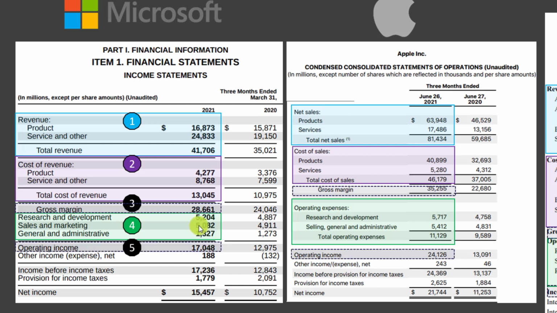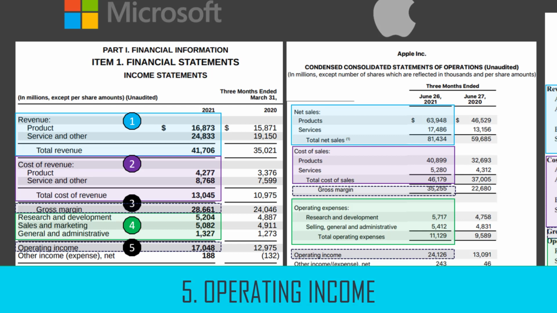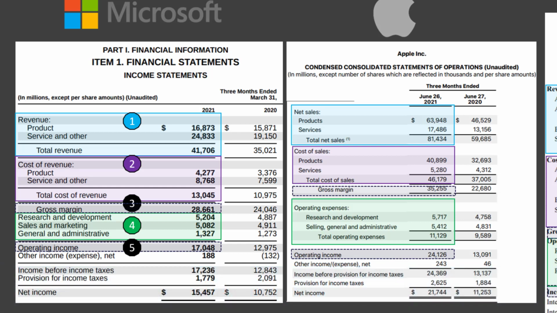Now let's go to the fifth section, which is the operating income. Operating income is sometimes called income from operations, and this is the income for the company after subtracting the operating expenses from the gross margin. This represents a true profit margin of a company because it considers all the expenses involved in running the business.